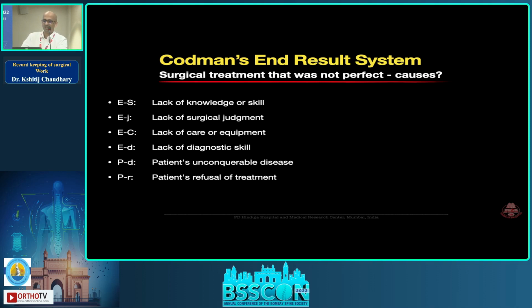But yeah, so every misadventure in a case or any case that lacked perfection, Codman was very self-critical, and he used to classify them into these categories: lack of knowledge or skill, and lack of surgical judgment, etc., all these things. And it requires some degree of humility, which doesn't exist in a lot of spine surgeons.